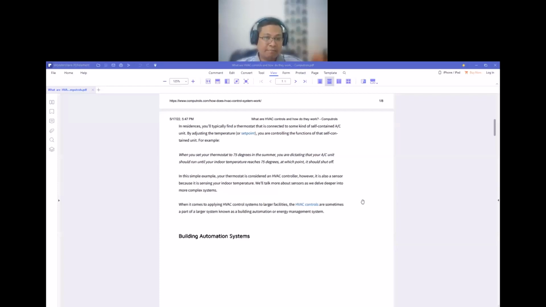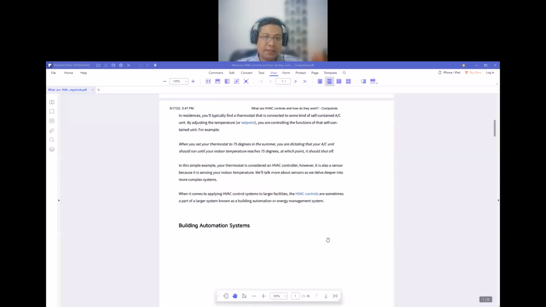In this simple example, your thermostat is considered an HVAC controller. However, it's also a sensor because it's sensing your indoor temperature. We'll talk about sensors as we delve deeper into the more complex system.